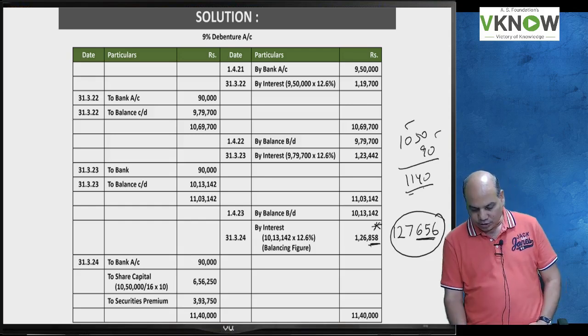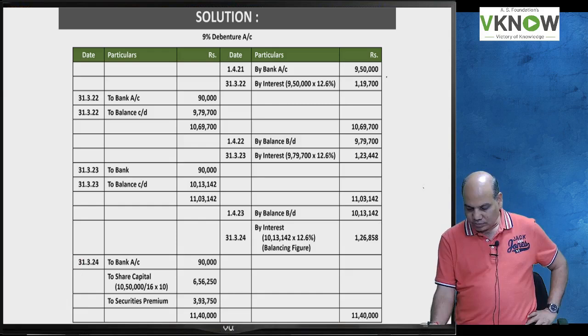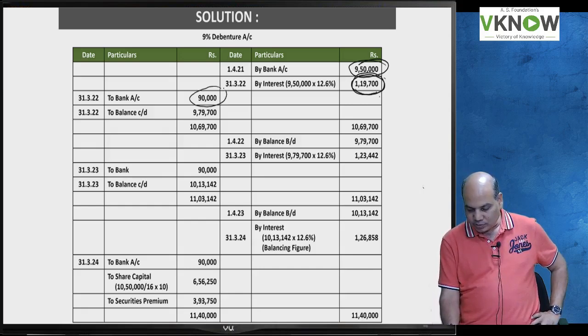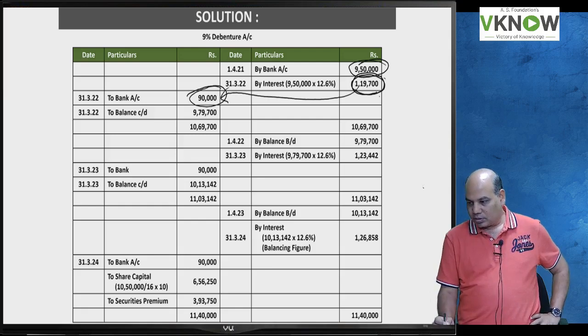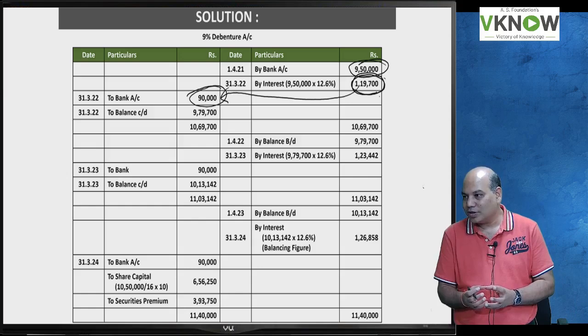Now pay attention to what is happening. In the first year my opening balance was 950 plus interest accrued of 1,19,700. But how much interest did we pay? 90,000 we paid. Which means I further borrowed from the investor 119,700 minus 90,000.